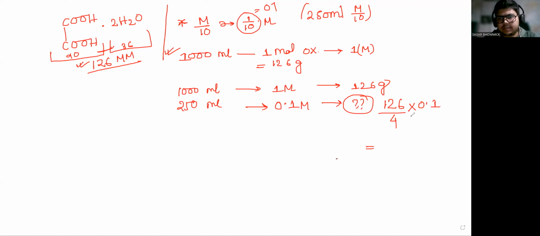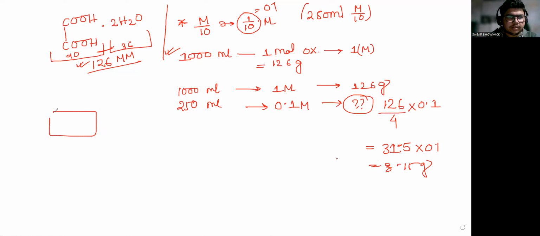So 126 by 4, that means 4 into 3 is 12, 4 into 1, 4, 2, 6, 20, 31.5 into 0.1, that means 3.15 gram. So in the weighing machine, you have to weigh 3.15 gram oxalic acid.